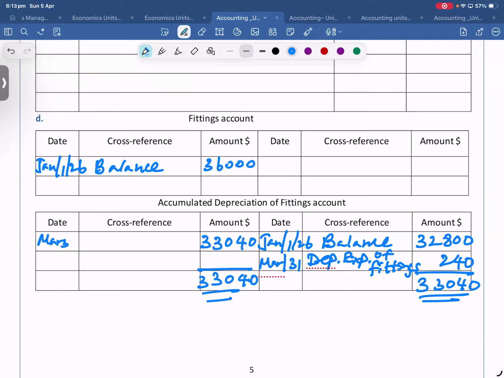So you are debiting here, crediting the disposal. What's the date, guys? March 31st. Saying accumulated depreciation of fittings, 33,040.